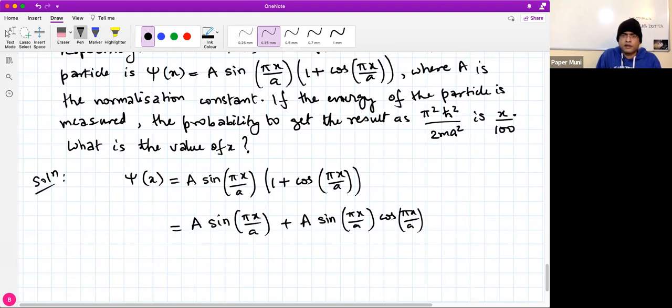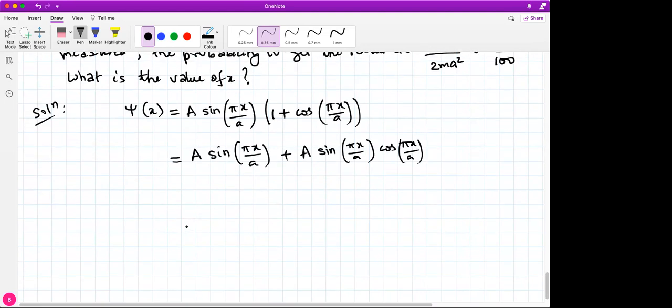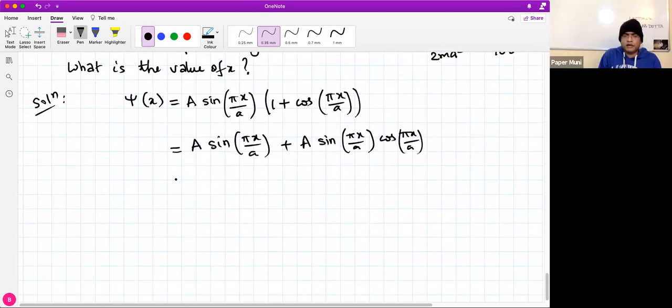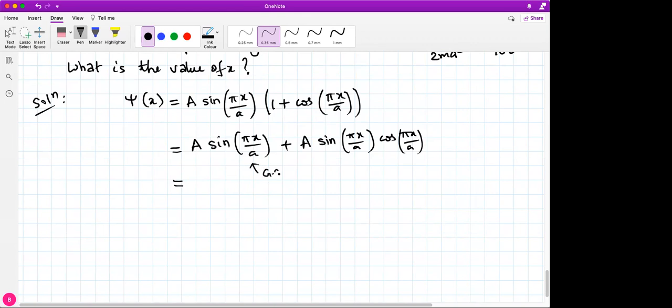So did everybody get the idea what to do? Yes, sir. So you can split the wave function like this, and you can see some pattern. This can correspond to the ground state, right?